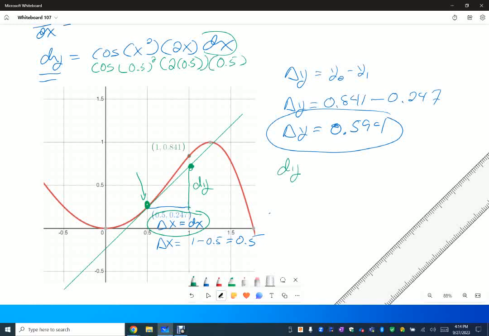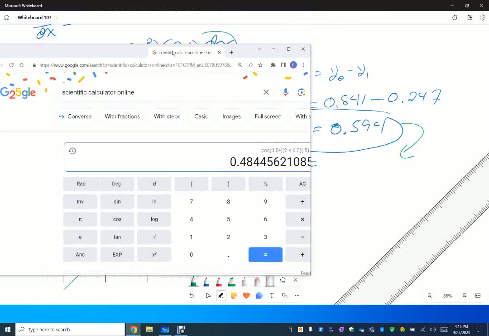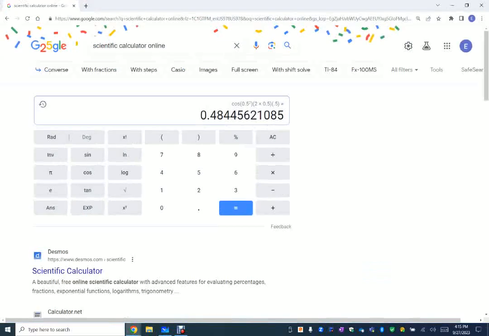And dy visually looks like it's definitely going to be smaller than this number along that tangent line. So when I plug that in, 0.5 squared times 2 times 0.5 times 0.5, I should be getting a number slightly smaller than 0.594, and that's exactly what we get here.